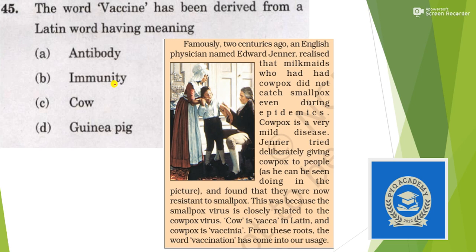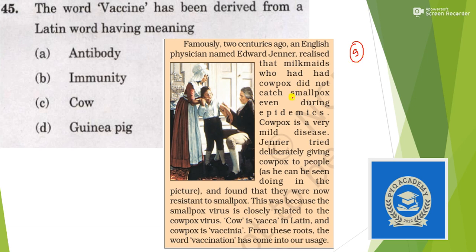Next, the word vaccine has been derived from the Latin word having meaning. So when this question came, people were thinking about what could be the answer, and no one thought that the answer could be cow. But yes, this is also given in NCERT. You will find in class 9 NCERT there is a chapter related to diseases.